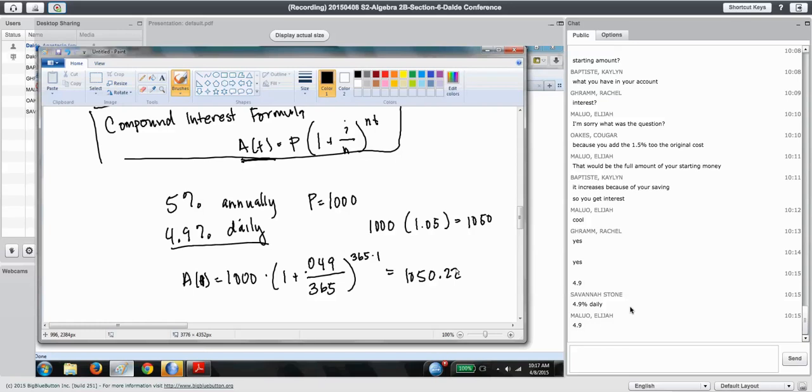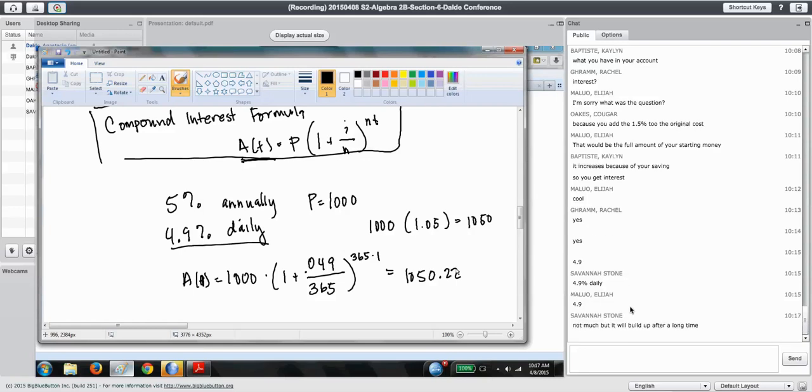And you guys are thinking, that's lame. Why do you care? Well, it will build up over a long time. And another thing is, what we would do eventually is move this up to being compounded more often.